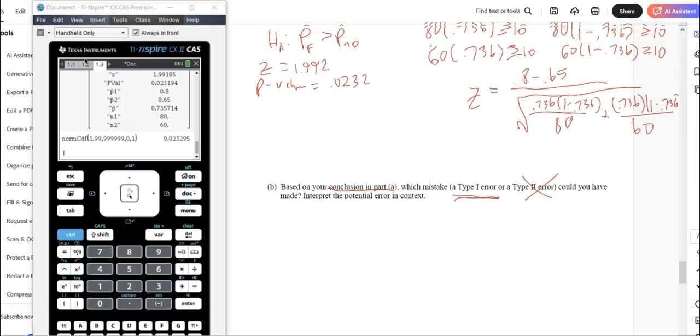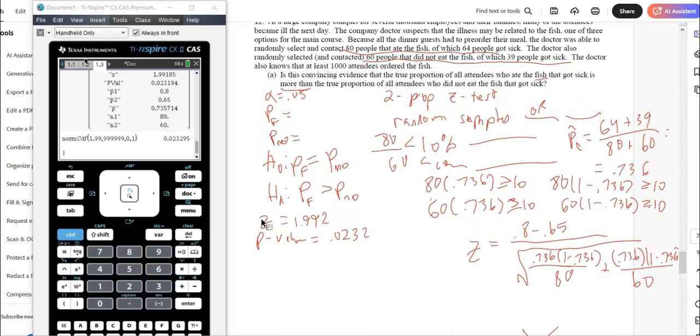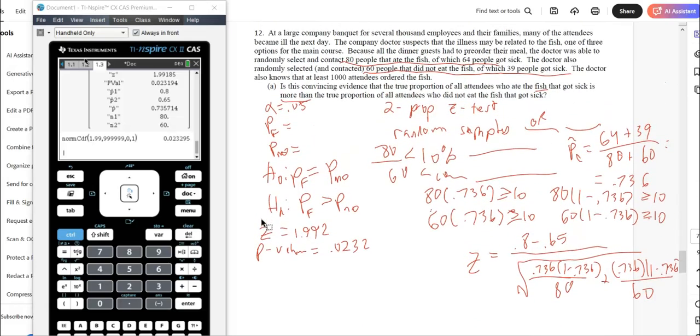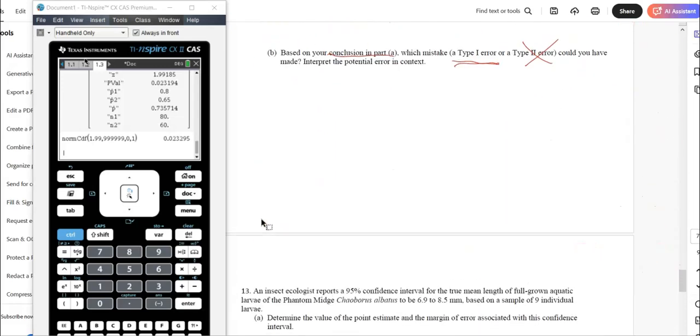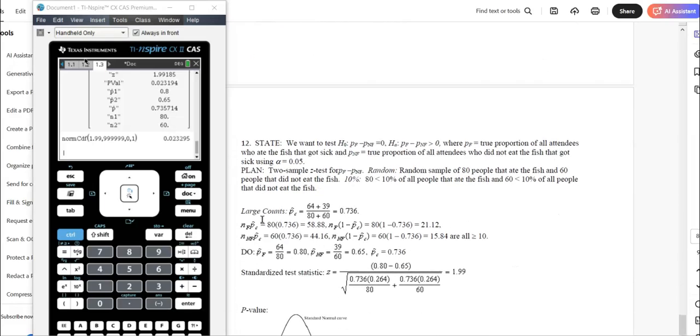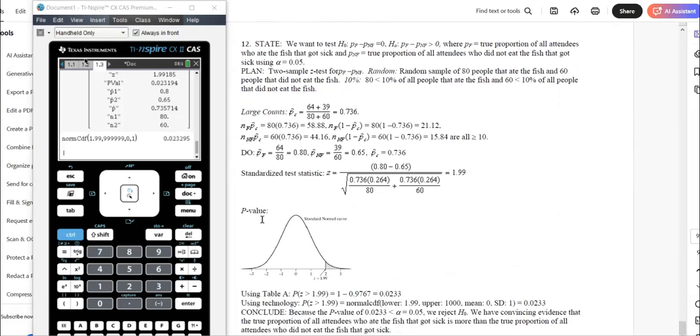So that means that we thought the fish group got sicker, a bigger proportion of the fish group got sicker, but actually if it was type 1 error, that would mean, no, that's actually not true. That's not the case. Let's look at 12 for that one, just so you have it. There's the answers.